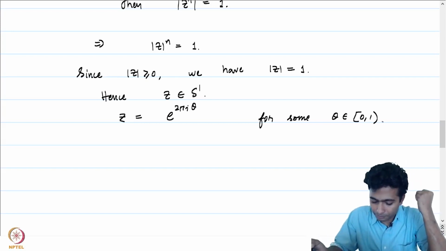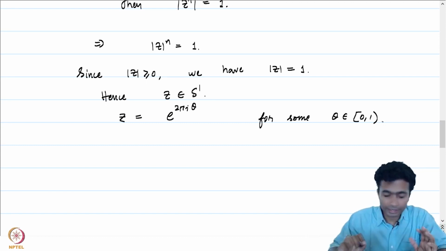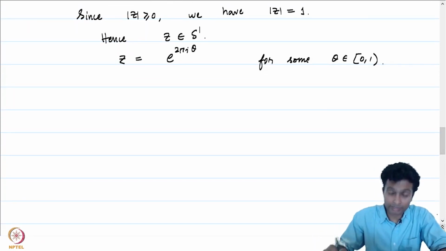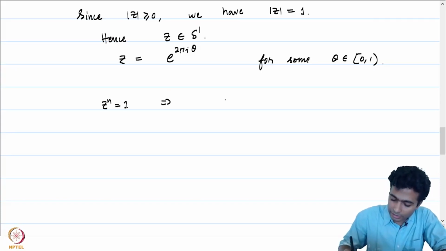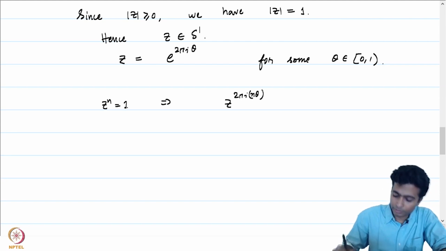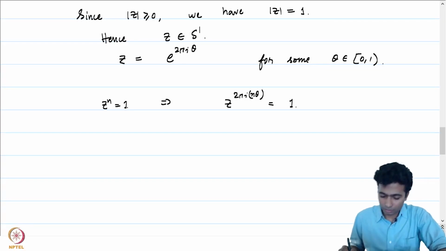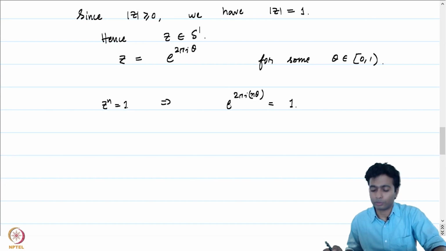This is the polar representation of our complex number z. So let's write it in that manner, because taking the powers will become far easier in that scenario. And let's see what happens when z to the power n is equal to 1. This implies that e to the power 2 pi i n theta is equal to 1, because the power is just going to get multiplied to the exponent.